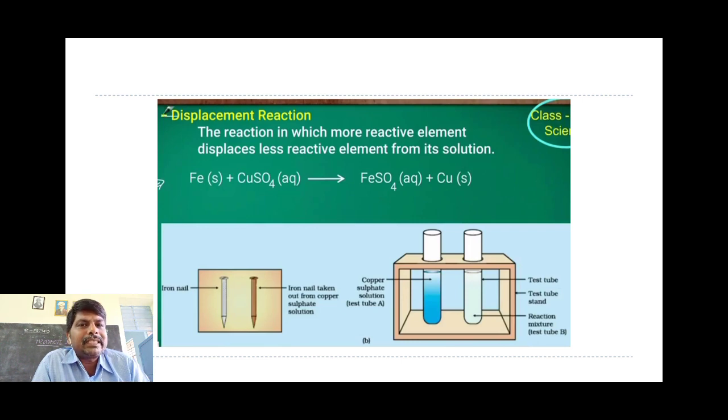You can see in this diagram one fresh iron nail. The iron nail taken out from copper sulfate solution changed its color to brown. The copper sulfate solution in test tube A is blue in color. In the other test tube, the copper sulfate solution's color changed to light green.